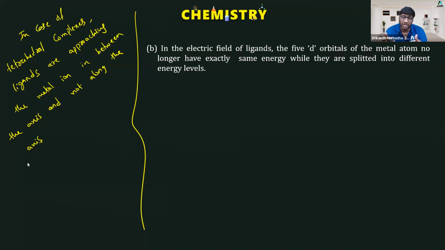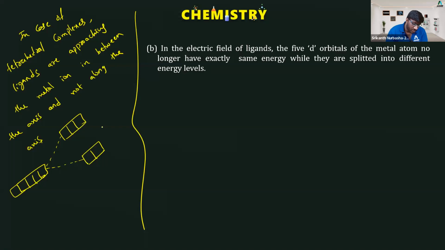If the ligands are approaching in between the axis, how will the splitting occur? Can I say those d orbitals whose lobes are in between the axis will have higher energy when compared to those d orbitals whose lobes are along the axis? So we again have two sets.